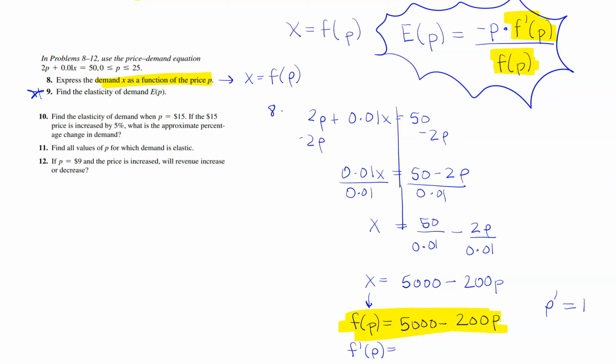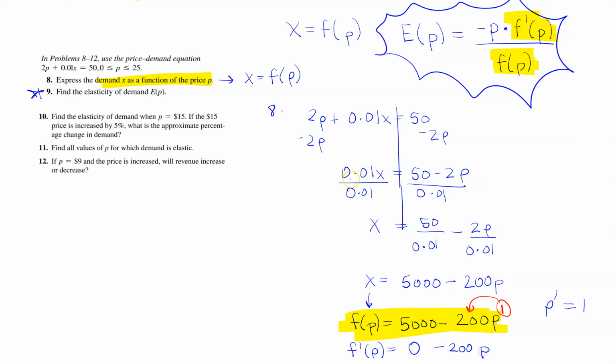So when I take the derivative of the right-hand side, 5,000 is a constant, so that'll be a 0. And you might see that the derivative of negative 200p is just negative 200. If not, you'll do your chain rule. So let's go ahead and do the chain rule on this one. There's an understood exponent of 1 on my p. I drop my exponent down. So 200 times 1 is 200. So I'm subtracting 200.